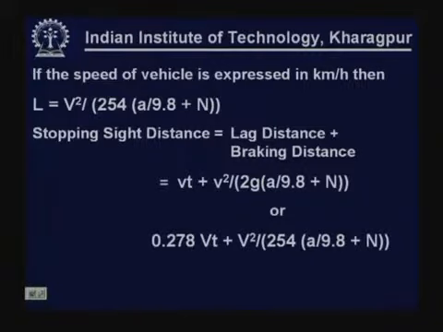So, the stopping sight distance is V into t plus V square by 2g into (a by 9.8 plus n), if V is expressed in meters per second, or it will be 0.278 V into t plus V square by 254 into (a by 9.8 plus n), as shown here. Here V is in kilometers per hour.